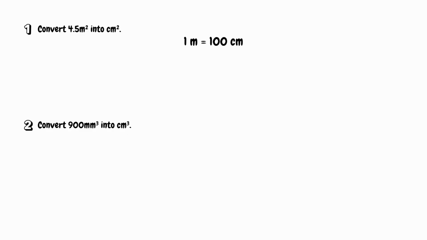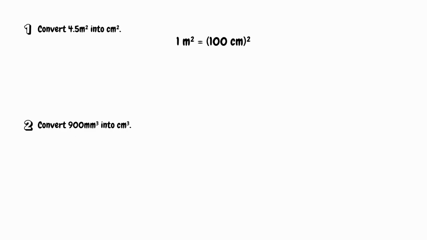So this is our starting point, and this is what we're going to use to then find the unit conversion for our area. So what we do now is we take our length unit conversion and we square both sides. So we'd have 1 meter multiplied by 1 meter, which gives us 1 meter squared. And then on the right-hand side, we have 100 centimeters, which we need to square.